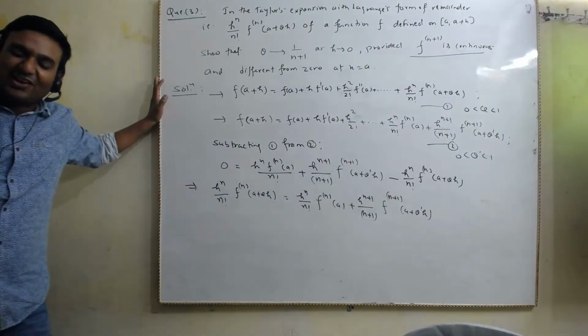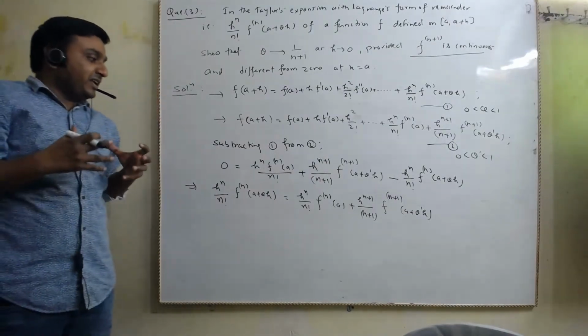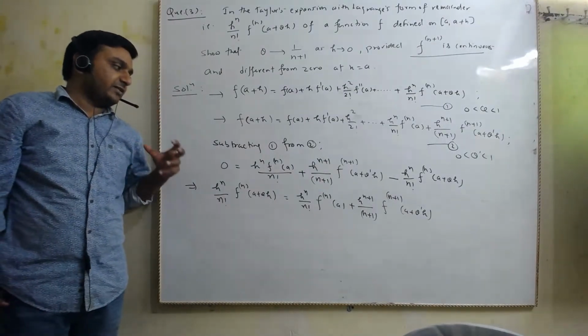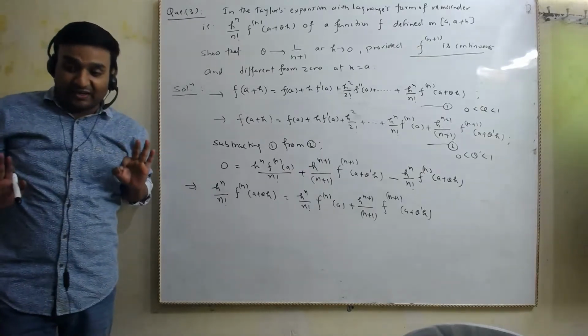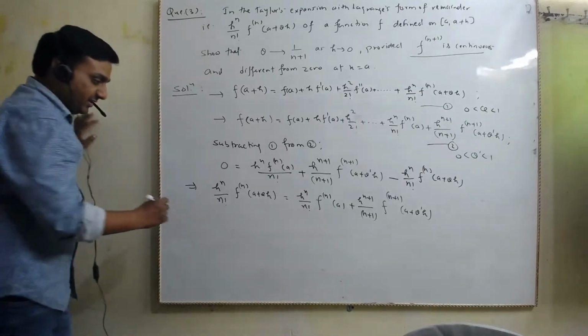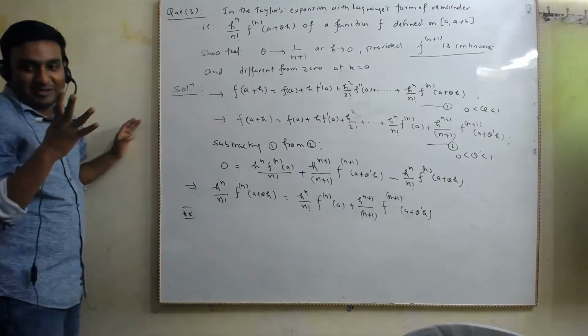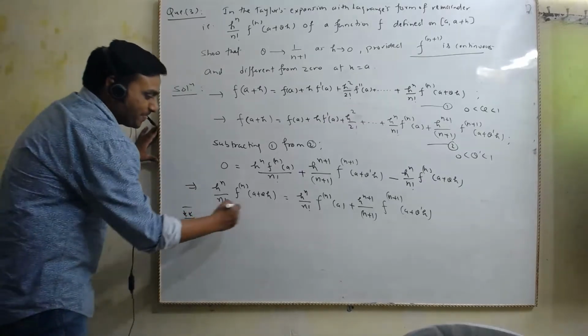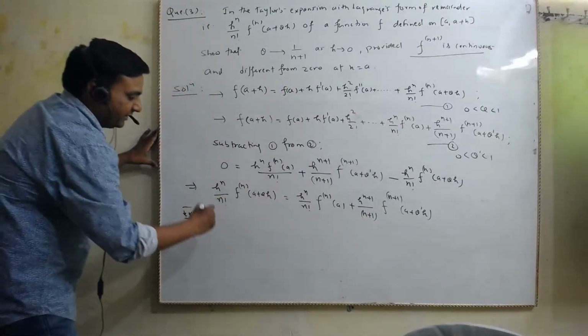Now we are at the last stage and we have to manage what we can do here, what is the possibility with us. Please notice, either you learn and enjoy or you skip. You have only two choices, right? If you observe, h power n is here, h power n is here, let's take it outside.